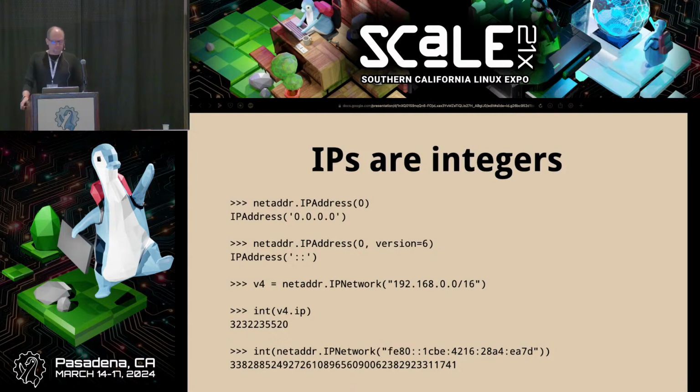So in the middle of the screen there, capturing 192.168/16 to a v4 variable, and then casting that v4 address to an integer, you see that we get the integer value of that network. And well, more specifically, that would be the integer value of 192.168.0.0, the address, excluding the prefix length.